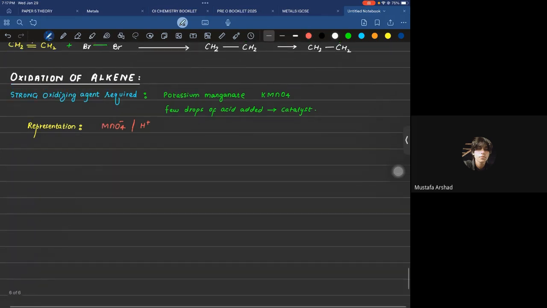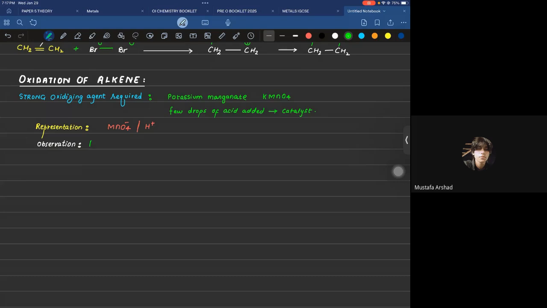What would be the observation? The observation is purple to colorless, because the color of KMnO4 is purple.